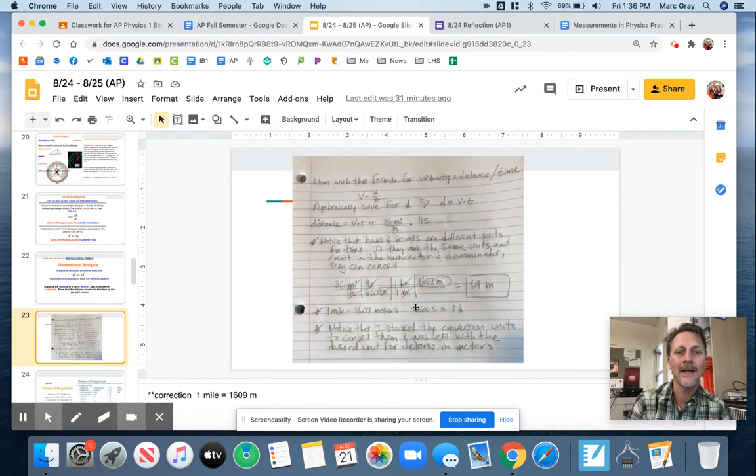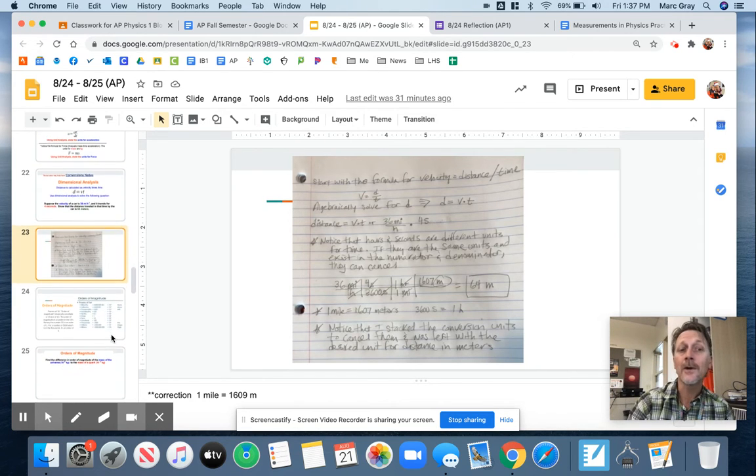And because of the miles, I can cancel the units of miles there. They're the numerator and the denominator. And 1 hour is equal to 3,600 seconds. I can cancel hours, and seconds cancel now also right here. And then I'm just left with meters, and that's where I get my answer from. Okay, so that whole process right there, we call it dimensional analysis. And this method where I use the train tracks, we sometimes call that factor label method. So that's a good way to do conversions.